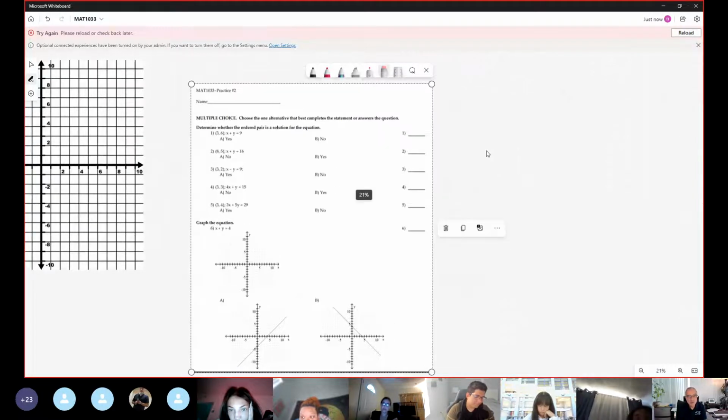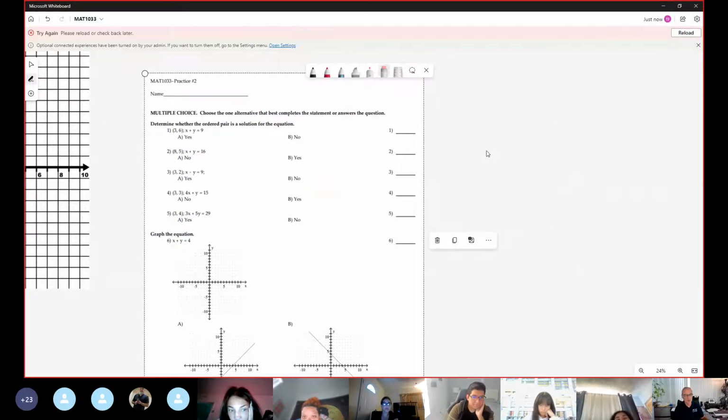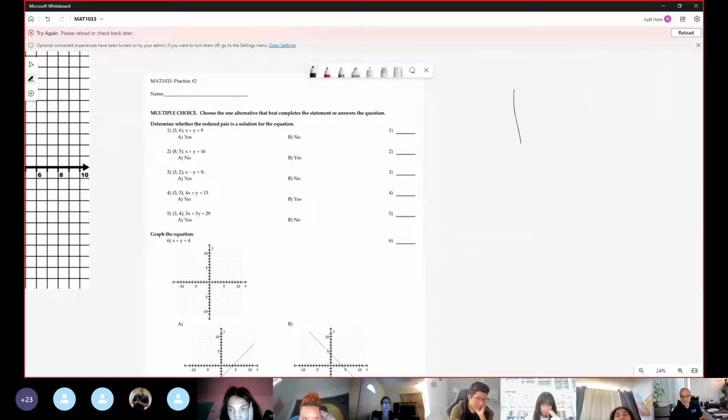For example, let's focus on question one. Super easy. Determine whether the ordered pair is a solution for the equation. Basically the idea, of course we are doing it without a graph, but the geometrical idea is that we have a line.